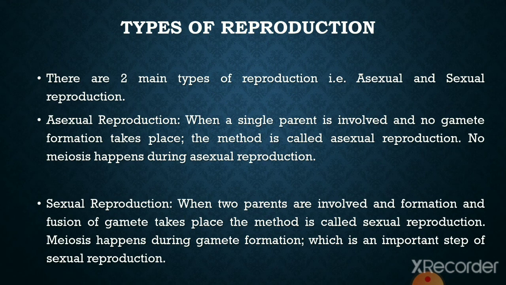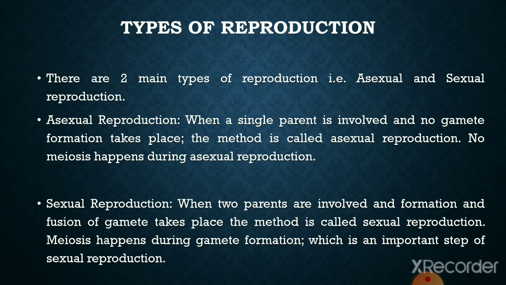In this process, a single parent is involved and no gamete formation or fusion of gametes takes place. Therefore, it is called asexual reproduction. In this type of reproduction, no meiotic cell division takes place.